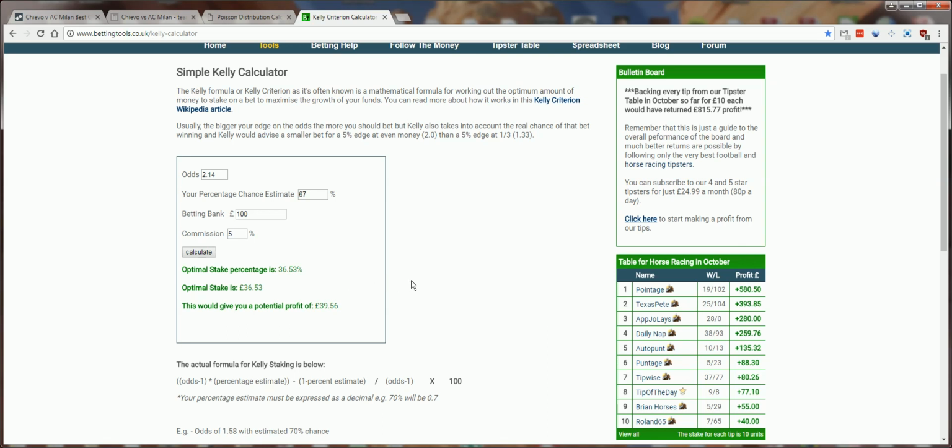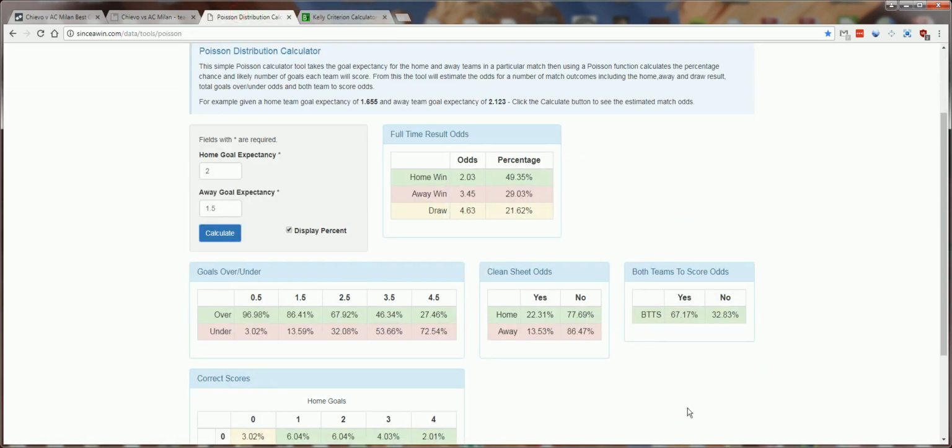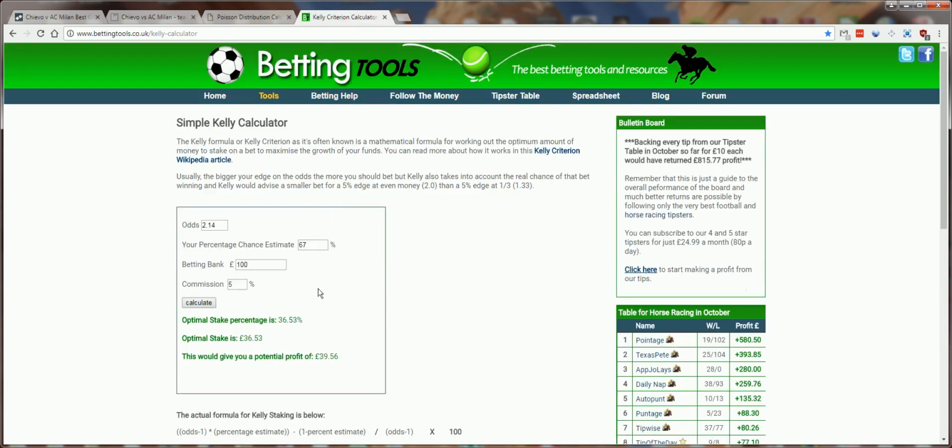So I quite like that. 36% is very good. In fact, it's excellent. So you'll see that I've put up overs, BTS, 0-0, 1-1 as the bet tonight. So let's have a look at the BTS. And we've got 67% here, so we're going to put 67% here.